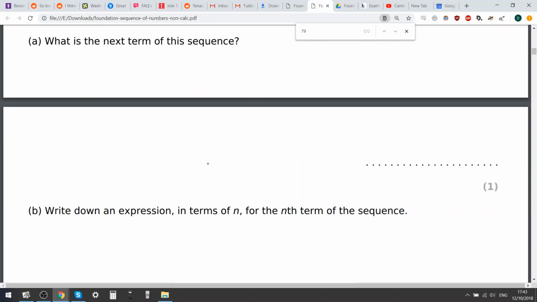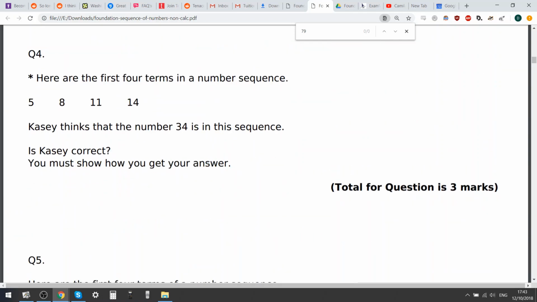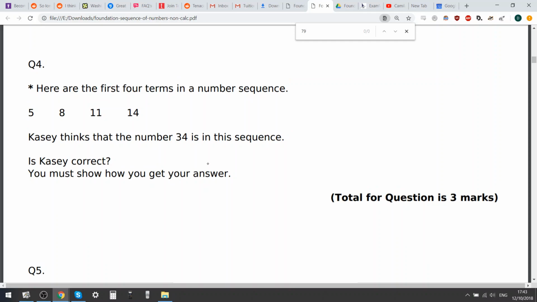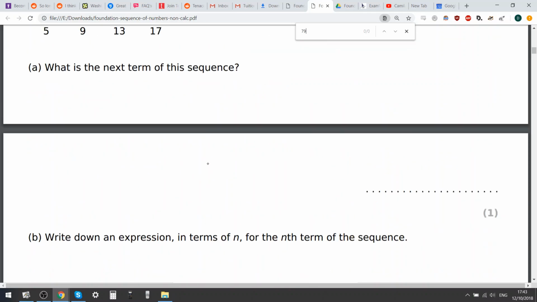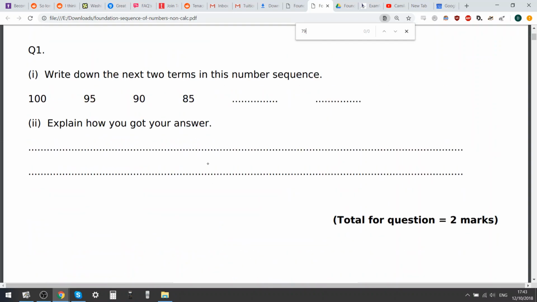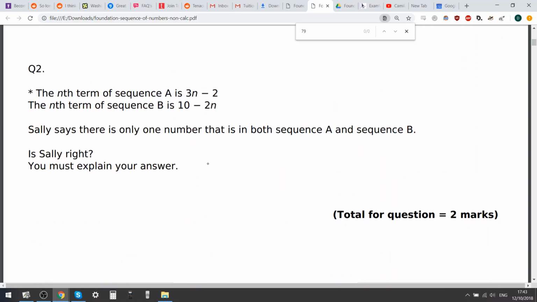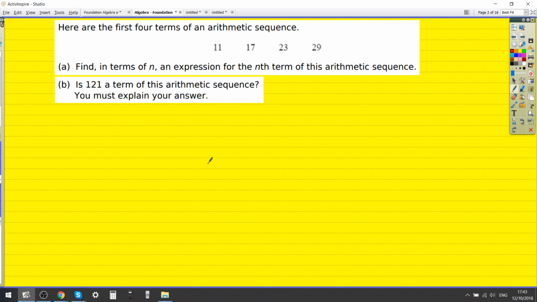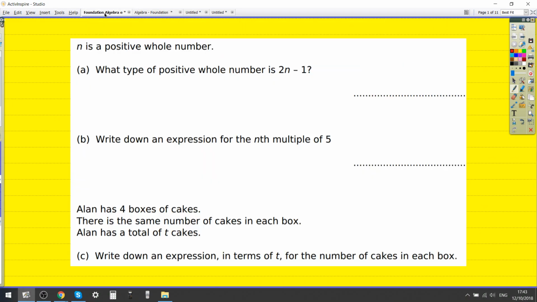This is sequence of numbers non-calc. Yes. Let me just check. Is this the one? No. Okay. Sequence of numbers. Non-calculator. I just want to see if I have a quicker way of doing this.